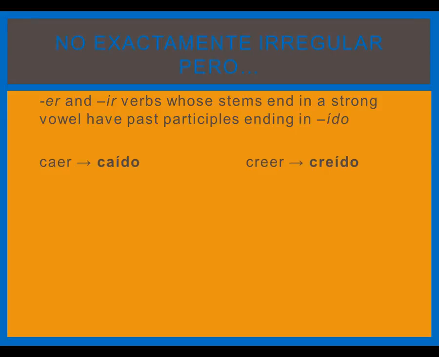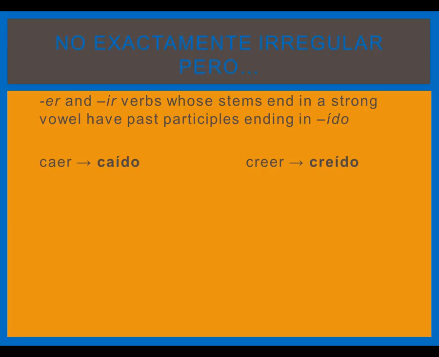This group of verbs isn't quite irregular, but it does have a change that you need to know about. When we have a verb whose stem ends in a strong vowel, and we add the IDO, and this is specific to ER and IR verbs, we need to add an accent mark to the I. Without the accent mark, caído would be pronounced incorrectly.